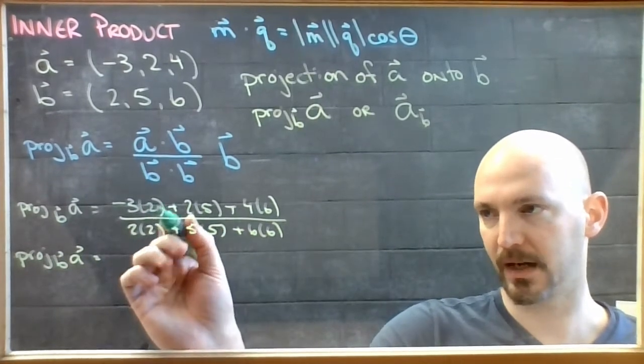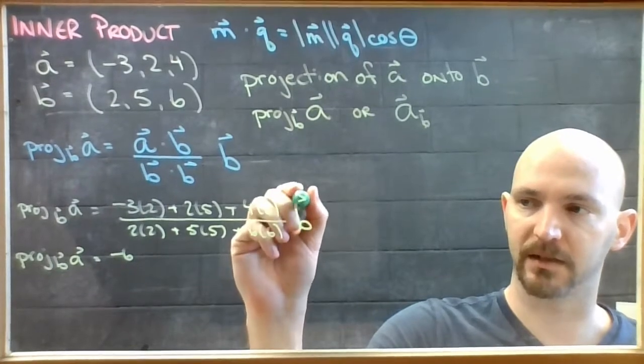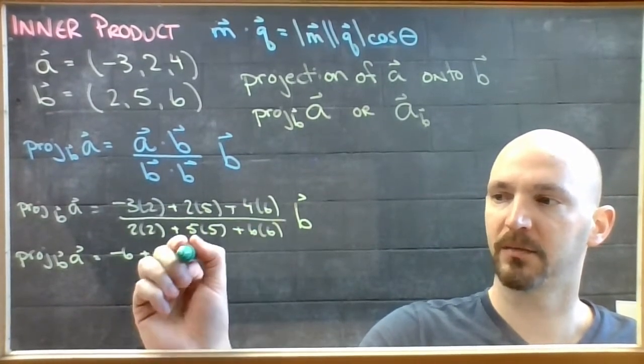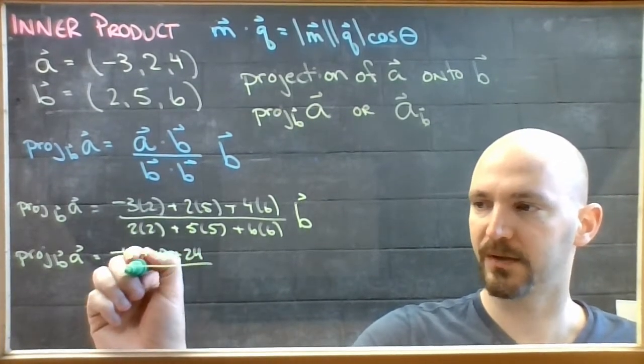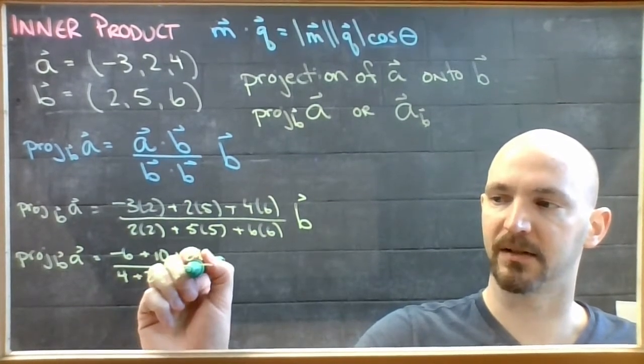All right, so -3 times 2 would be -6. Oh, and then I've got vector B back here. Plus 10, plus 24. And 2 times 2 is 4. 5 times 5 is 25. 6 times 6 is 36.